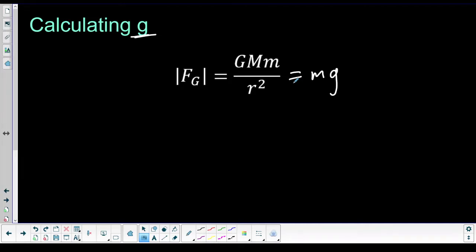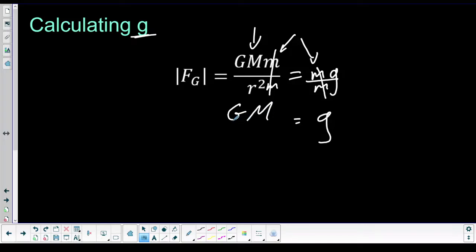So let's solve for little g. Let's divide by m. Okay, so the m's cancel, and we get g. Well, one of these m's. It's kind of hard to tell which one's which. So let's say this is us, and then this is the thing we're being attracted to, like the Earth, right? So little g is actually equal to GM over r squared.